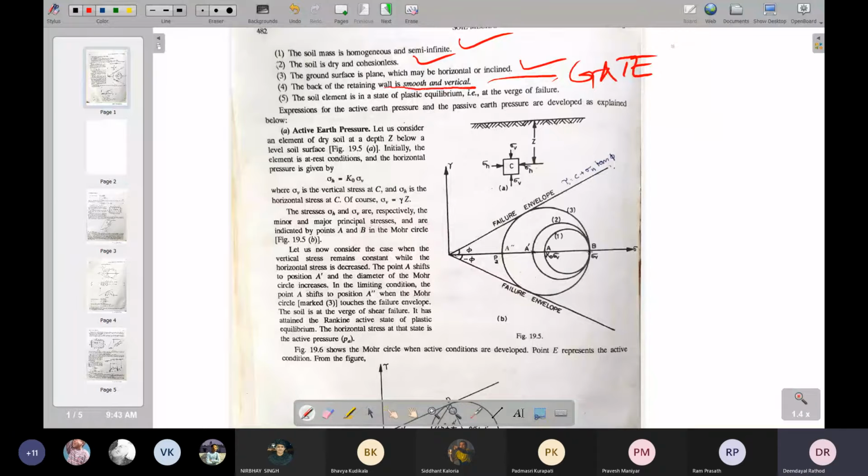That's his main assumption actually. The rest is homogeneous and other things. The ground surface would be horizontal or inclined, it should be plane and so on. But this particular assumption is very important. What he says is the wall, what is that wall? This one.